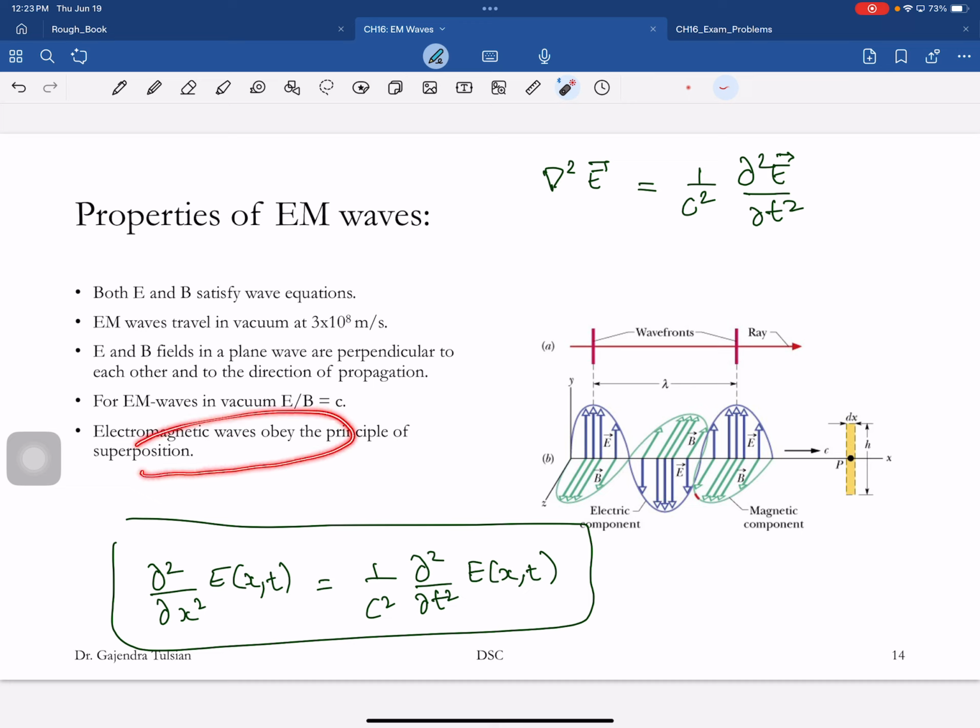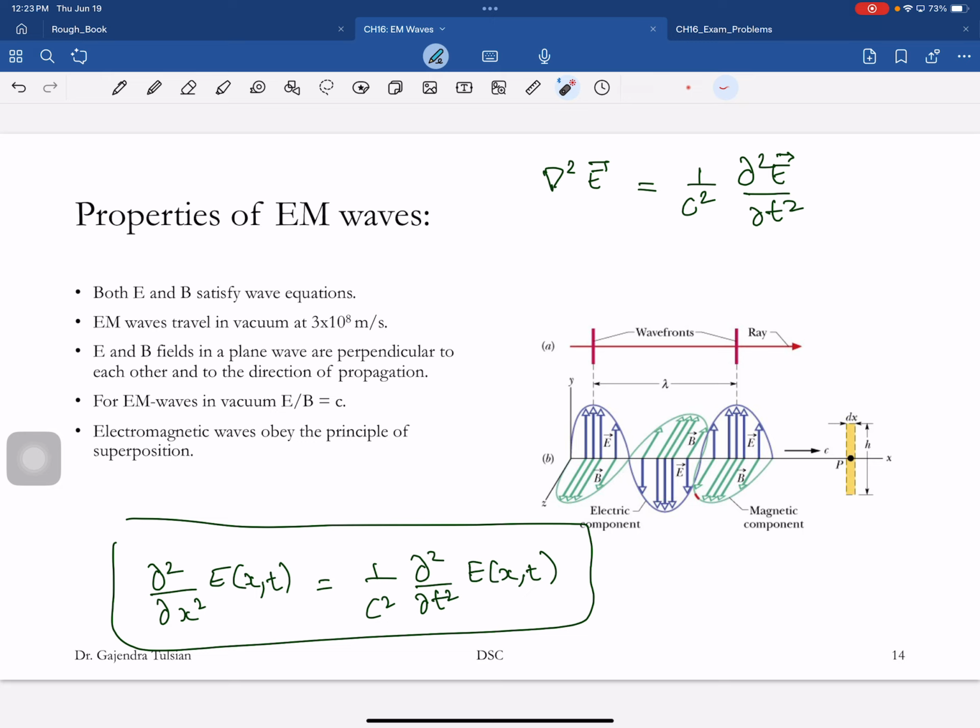They obey the principle of superposition. What do you think that means? They can combine and amplify each other. Okay, so let's say you have two beams traveling like that and they meet at a point. This beam has this electric field, this beam has that electric field.